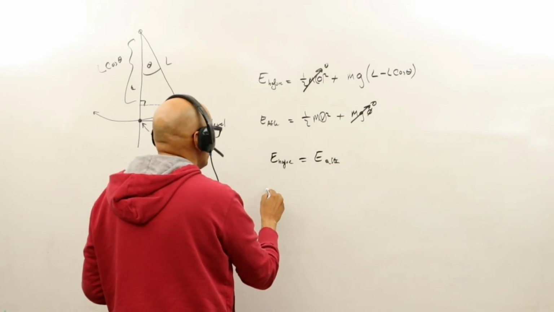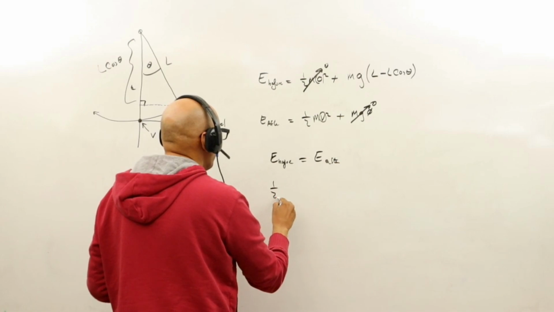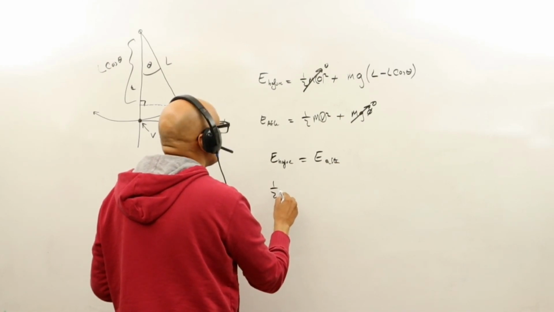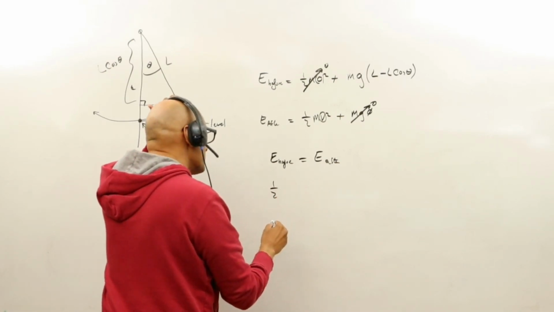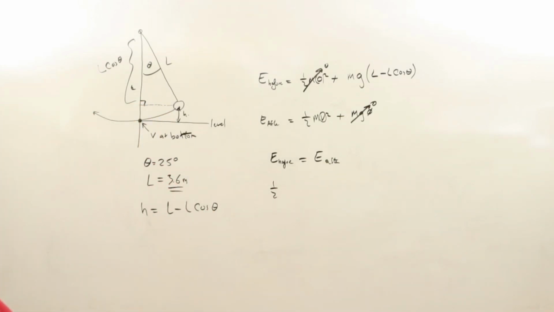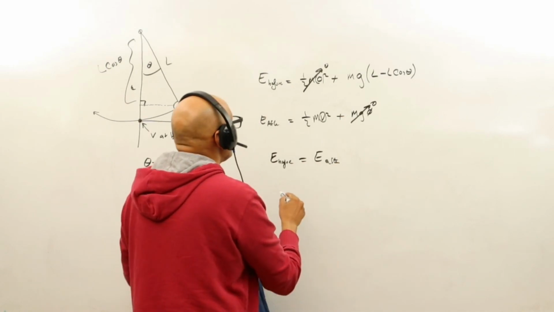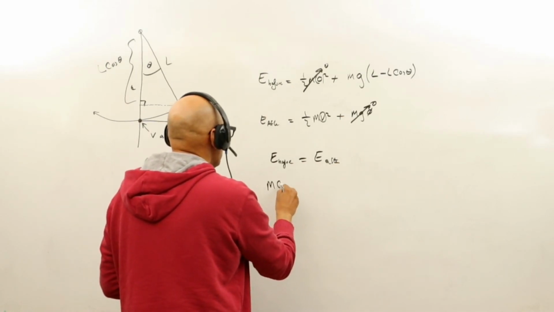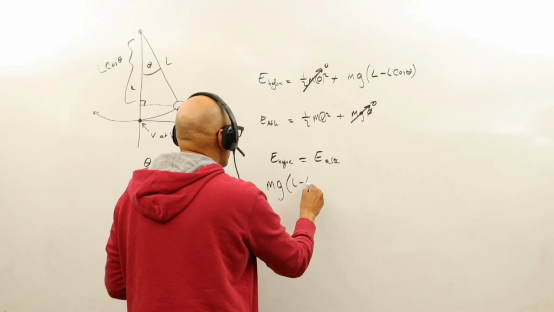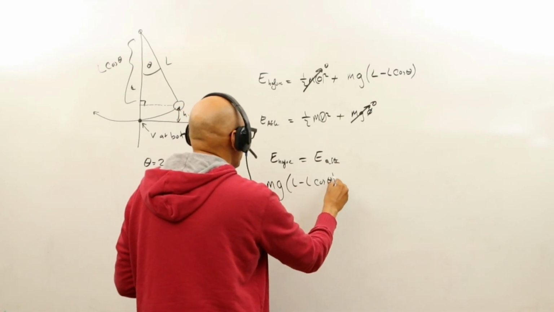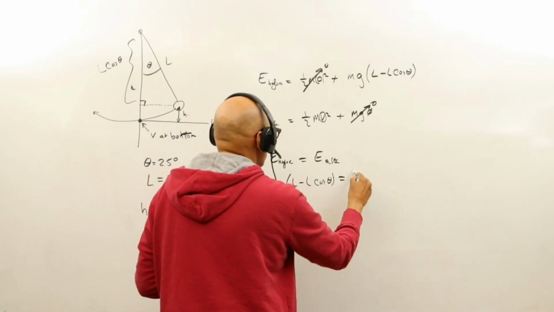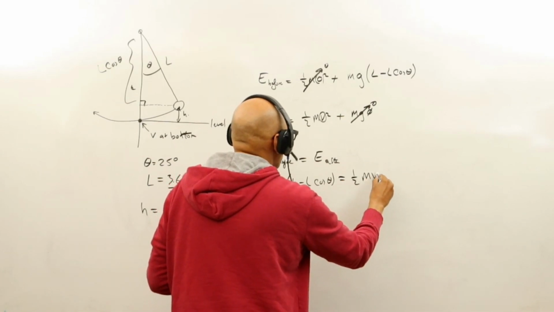So it's mg times L minus L cosine of theta is equal to 1/2 mv squared.